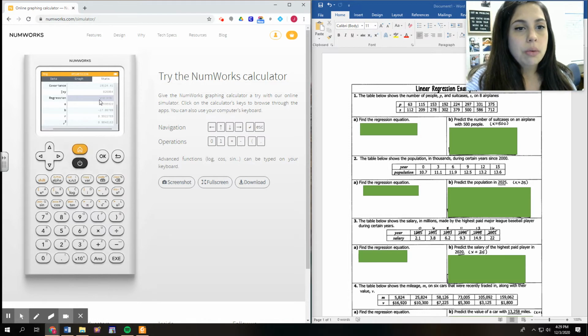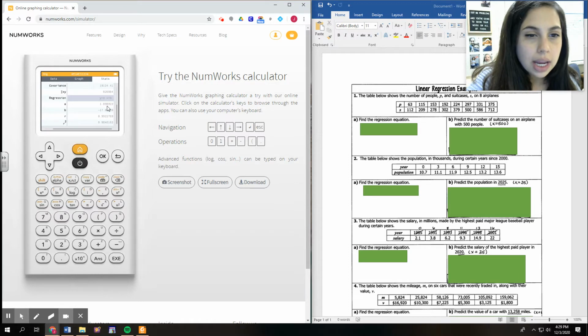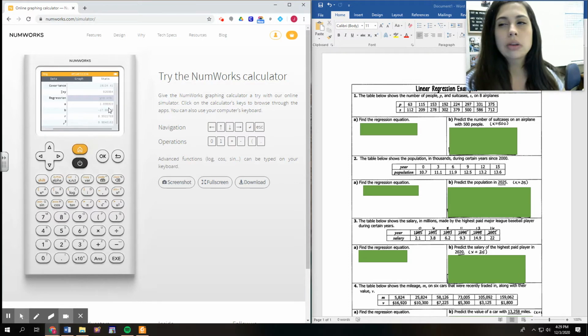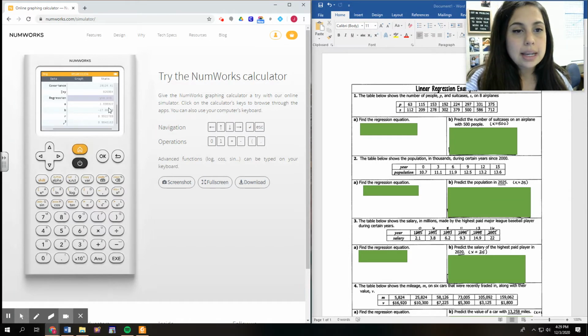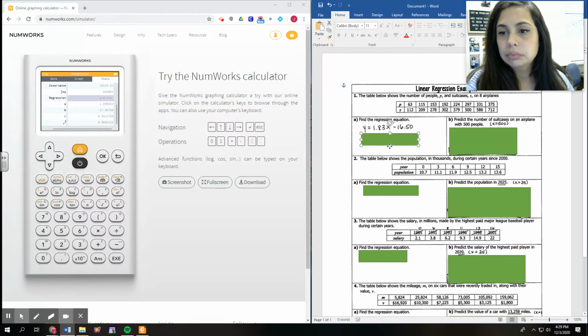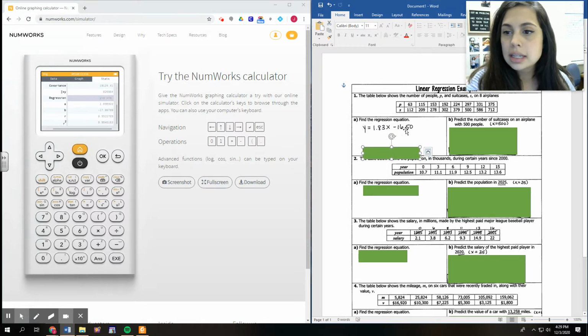So basically we have y equals, and A is 1.838. We'll just say 1.84. You can probably just round to 2 decimal places here. That is 1.84 times x plus b, which is negative 17, so it's going to be minus 17. For our regression equation, it's going to be 1.83 minus, and this says 16.5.